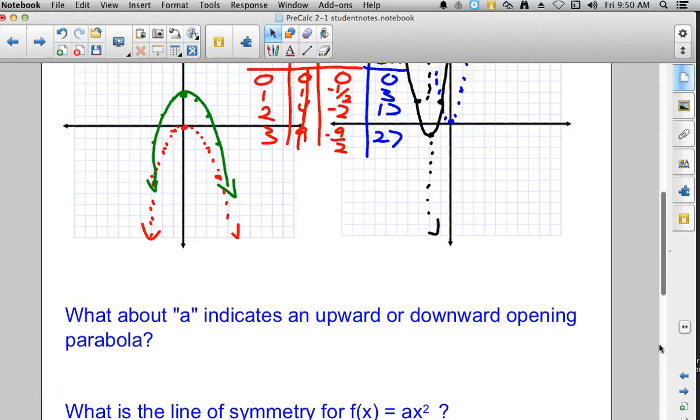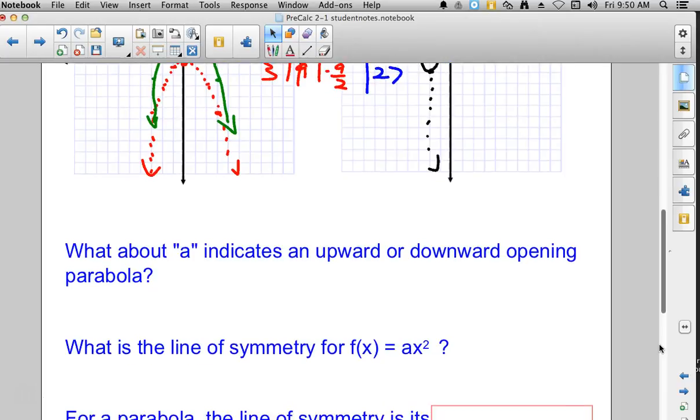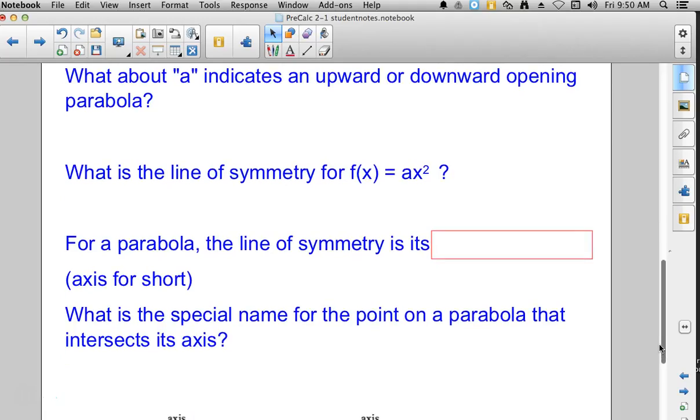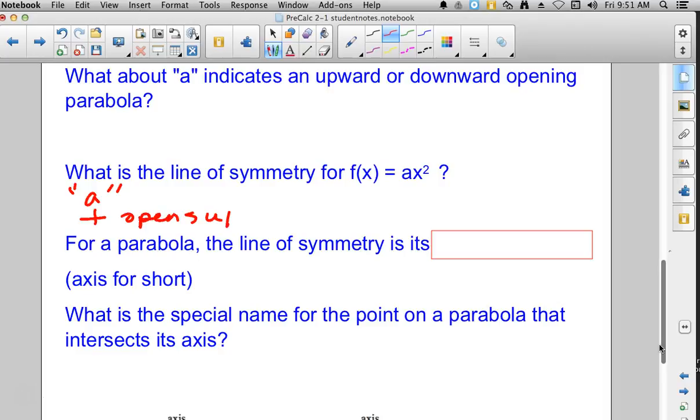Now it says, what about A is going to tell us whether or not we have an upward or downward opening parabola? What indicates that? Positive and negative. So if A is positive, it opens upward. If A is negative, it opens downward.